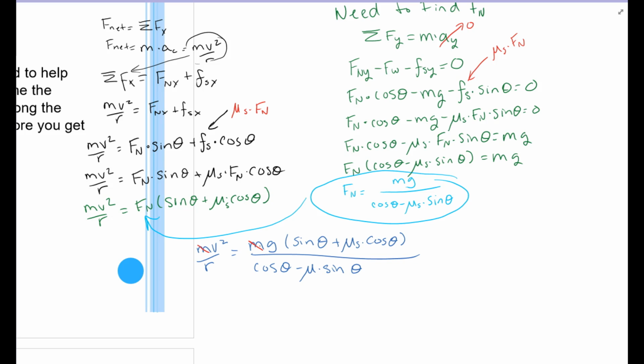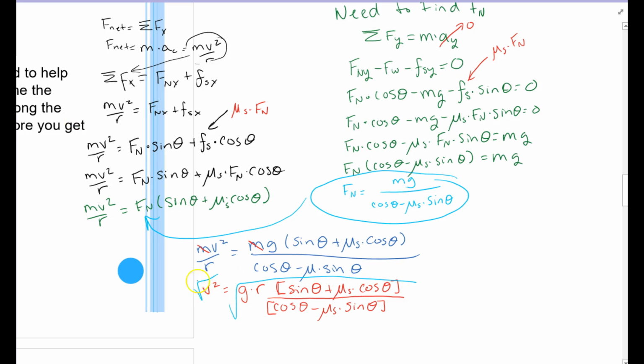When we do that, my v squared is equal to gr times sine of theta plus mu s cosine of theta, all over cosine of theta minus mu s sine of theta. There's only one more step missing, and that is to take the square root of both sides. The square root stays on the right-hand side, and the square leaves the left-hand side.